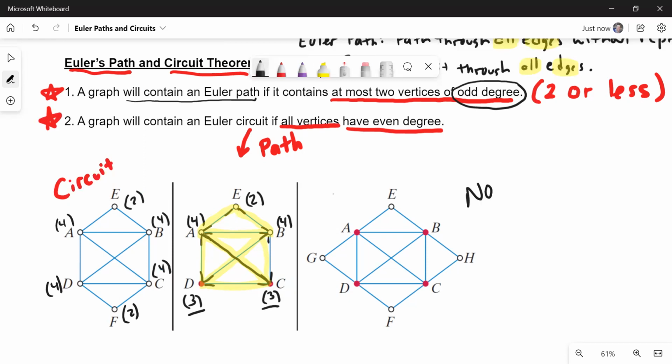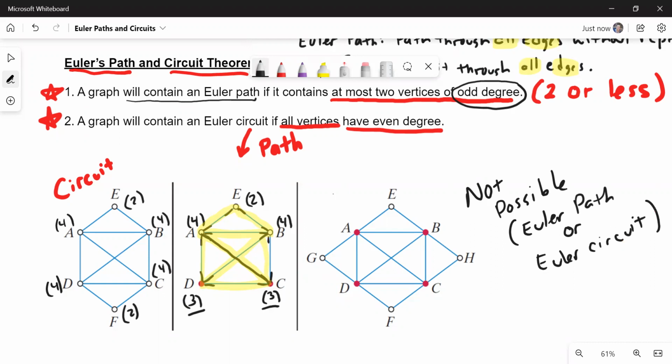However, it was not possible on this one to find, and let me give it the name, an Euler path or Euler circuit, because it did not satisfy either of the theorems above. If you take a look at the dots that are already in red, A has degree 1, 2, 3, 4, 5. That's an odd number.